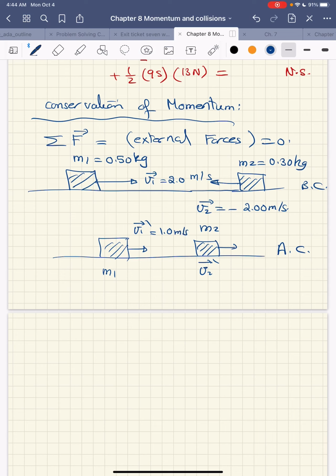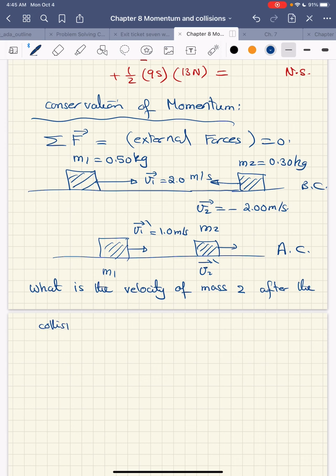Then the question is, what is the velocity of mass 2 after the collision?